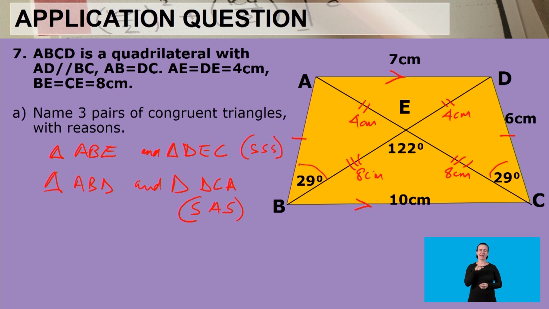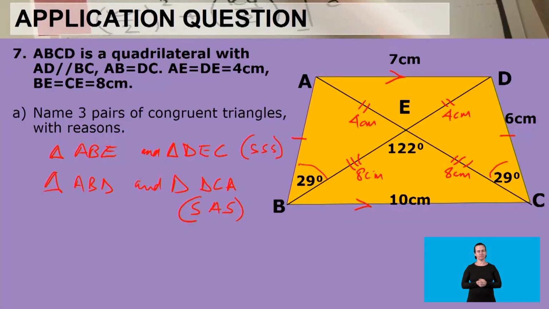Now let's look at the third pair of triangles that are congruent. I am looking at triangle ABC and triangle BCD. One is at the left bottom and the other one is at the right bottom of that figure. When you look at that, we already have AB equals DC, so that's one side that is equal.